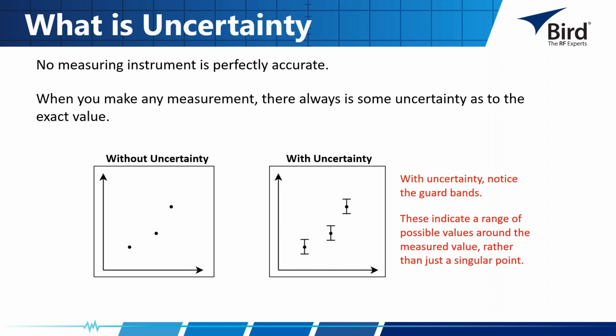So what is uncertainty? No measuring instrument is ever going to be perfectly accurate. When you're making a measurement, there's always some uncertainty, and that's the idea behind looking over at a thermometer on the wall and saying, okay, it's this exact temperature, or the understanding that there could be a range of values and a range of effects playing into that, and it's roughly a certain temperature.